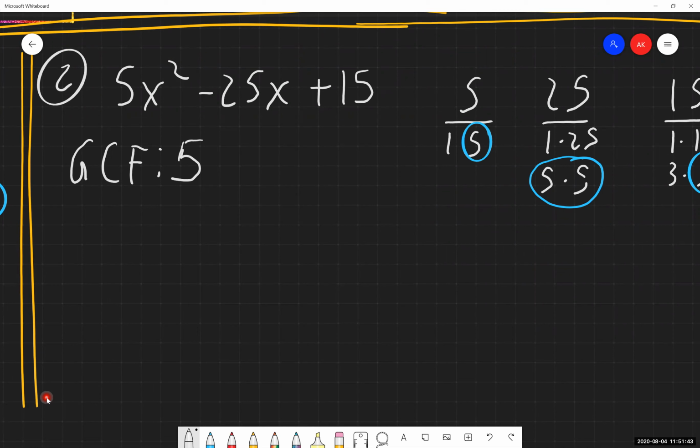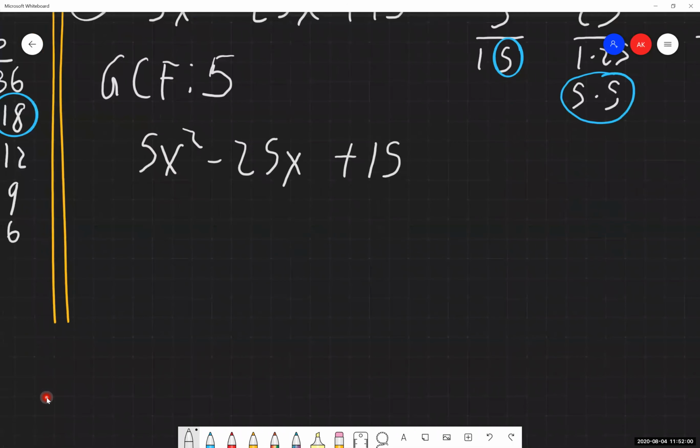There's nothing wrong with that. So I'm going to show you guys another way that you can go about doing this, at least thinking about it potentially. I was saying, okay, well, I'm starting with 5x squared minus 25x plus 15. Now I'm going to be factoring a 5 out from all of these terms, and I'm going to be having something left over inside that.